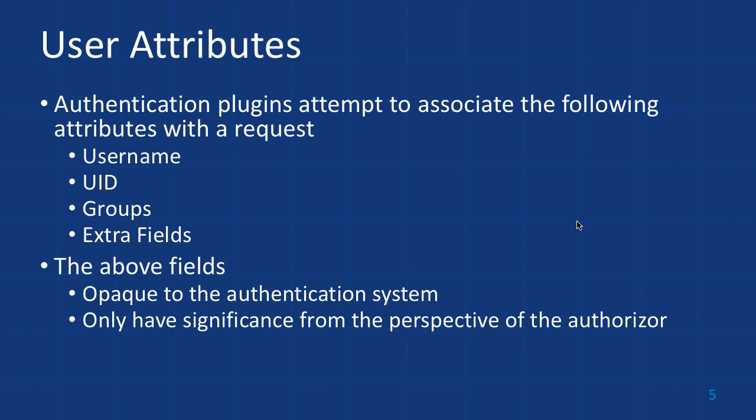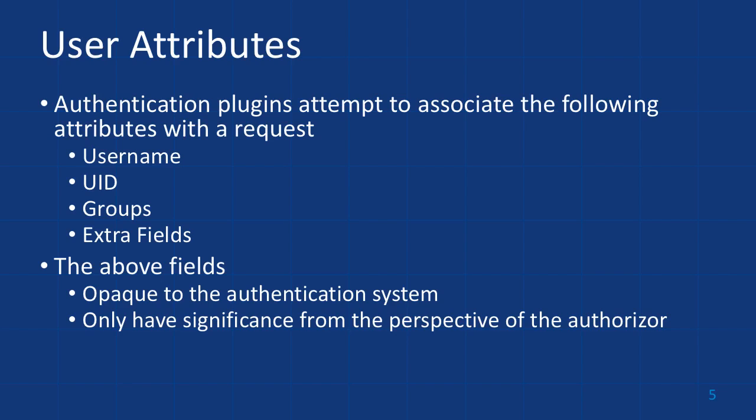The authentication plugins all attempt to associate the following attributes with the request. At the very least, they try to return a username. There's also this concept of a UID, which is supposed to be a more unique version of a username. Some of the modules will return groups, and others can produce extra fields as well. But all of them attempt to give you back this opaque username. So what does that mean, opaque username?